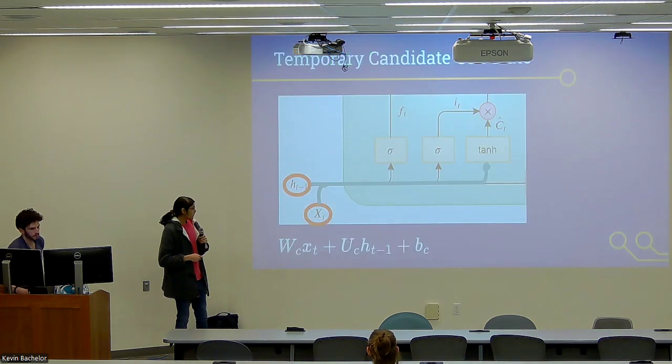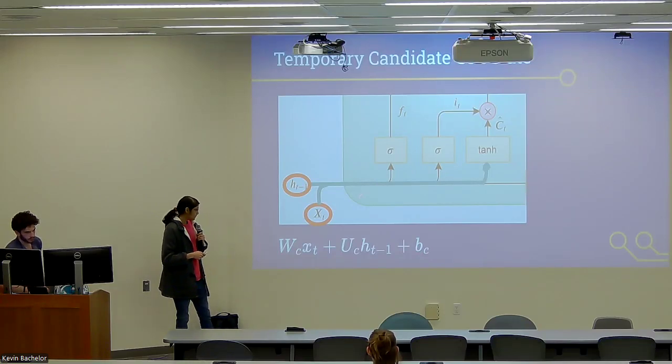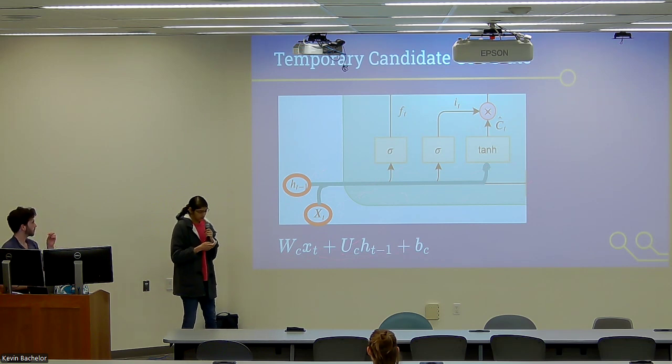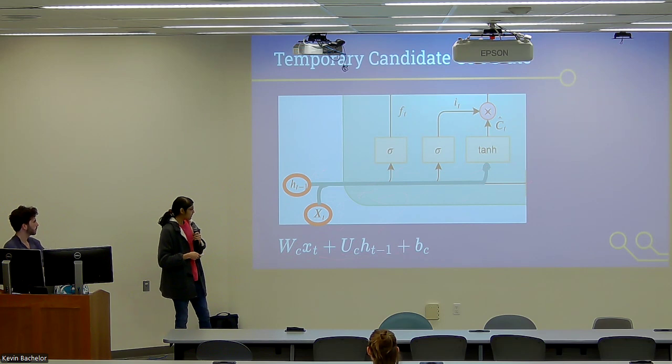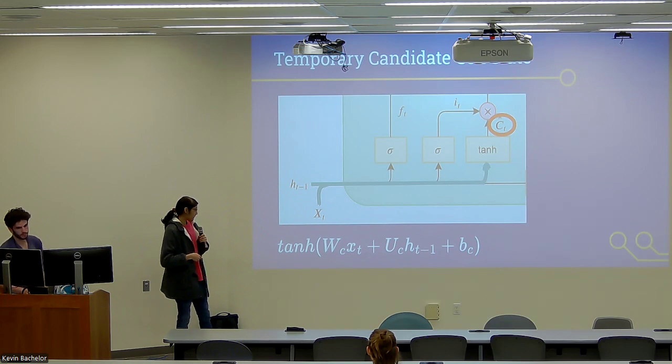To get a candidate cell state, the LSTM takes the input, in our case and, and the previous hidden state, the hidden state of the word mat, which came before, and combines them by multiplying the word by some weights and the hidden state by some weights, and then applying some activation function.